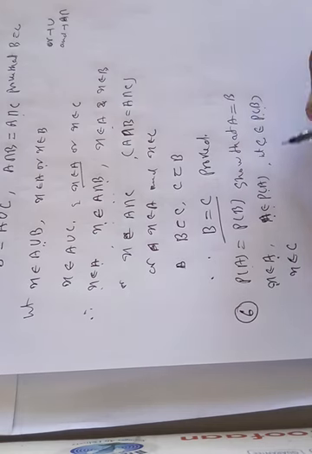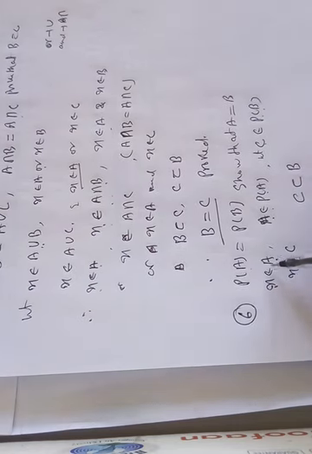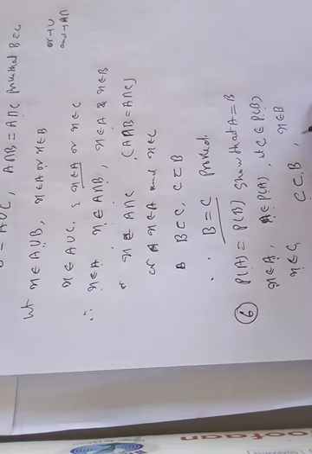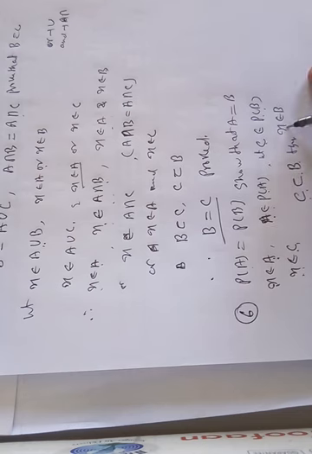So C is a subset of B, right? X belongs to A, X belongs to B. So C is a subset of A. This is proved. And X belongs to B also. Clear?